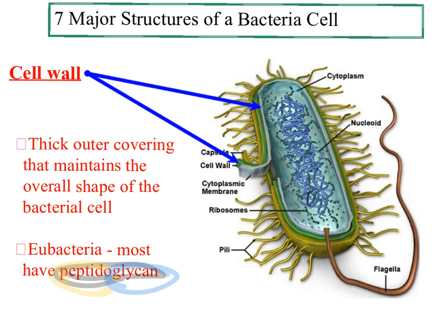So there's definitely some variety within the structure of the cell wall, even within bacteria cells. Anyhow, point is, the cell walls are different. The purpose of the cell wall is fairly similar. It's a thick outer covering that helps to maintain the shape.